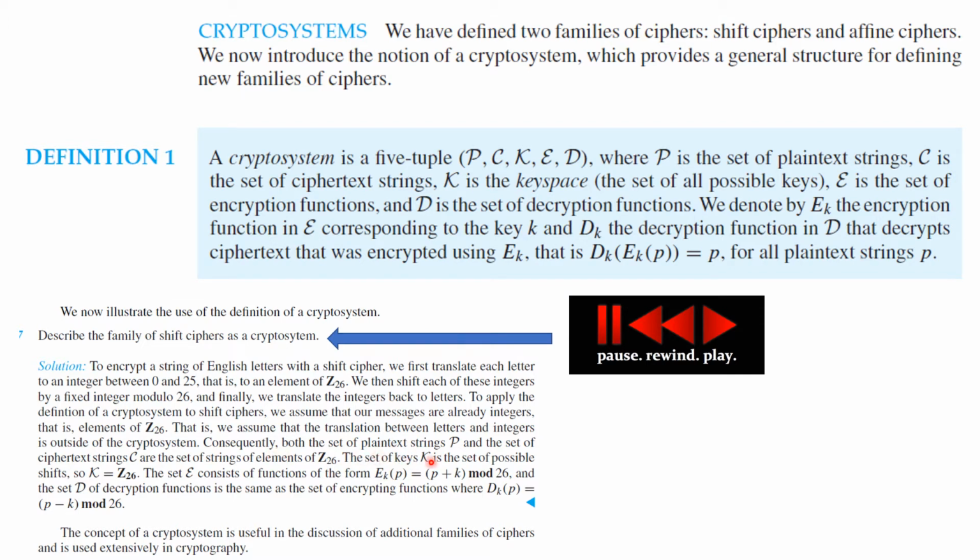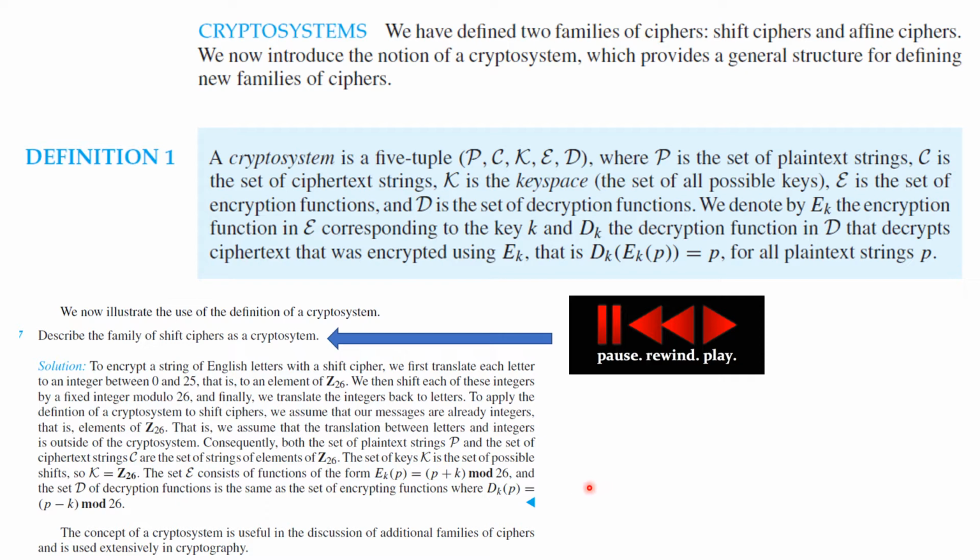Consequently, both the set of plain text P and the set of encrypted strings are the strings of elements of Z26. The set of keys K is the set of all possible shifts, so K is equal to Z26. Those are the only shifts that you can do that will make sense in this.